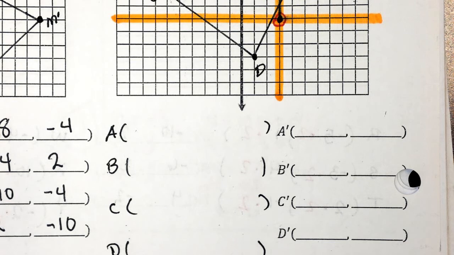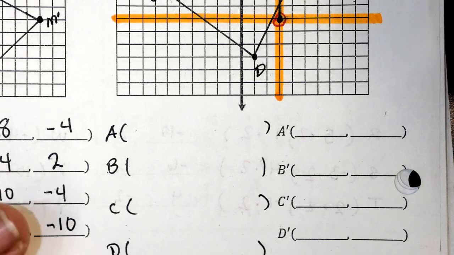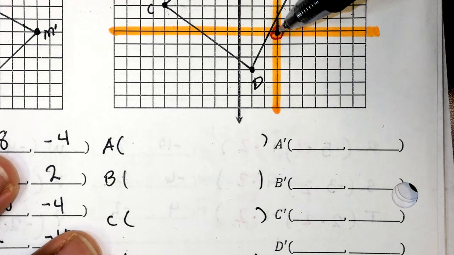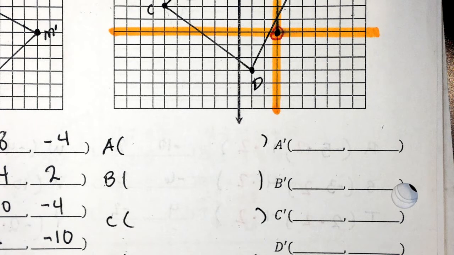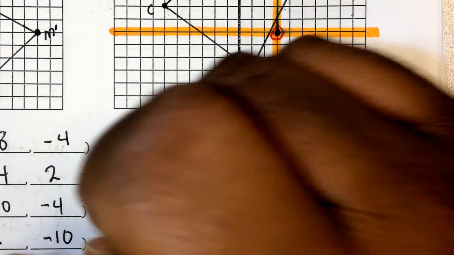Yes, sir. Kiara, is that it? A. I think you counted the opposite way. You have to go to the right first, then go up. 7 and 14. There we go.